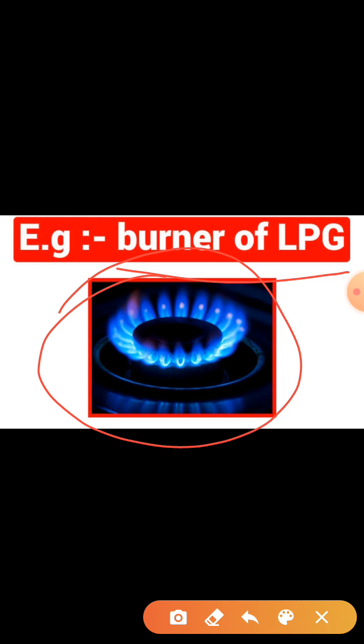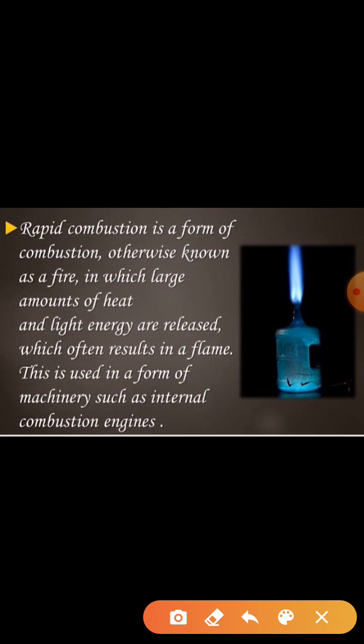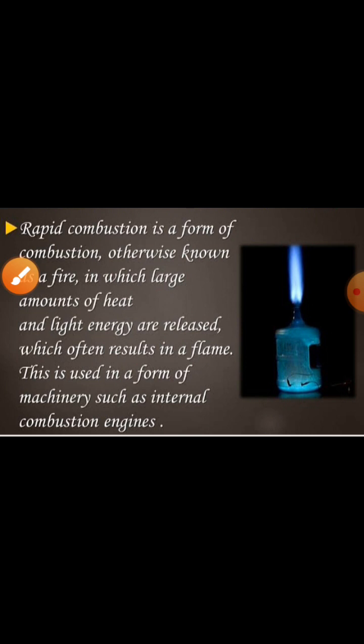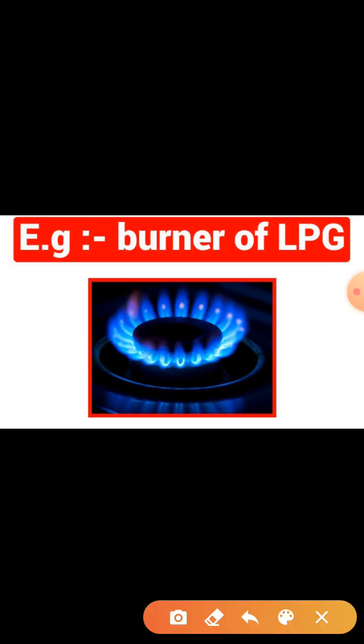The substances which undergo rapid combustion have a very low ignition temperature, so they catch fire very rapidly. As we have learned, it is otherwise known as a fire, and here also you can see a flame occurring. So this was the example of rapid combustion.